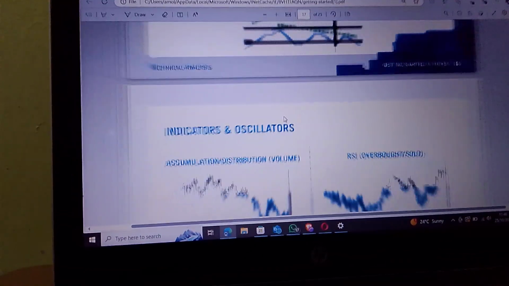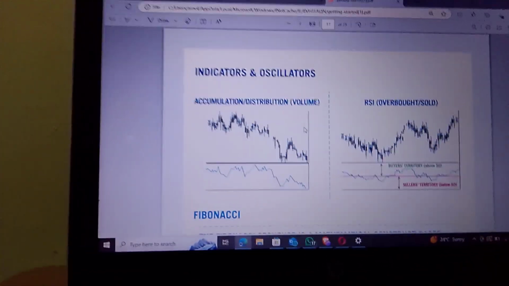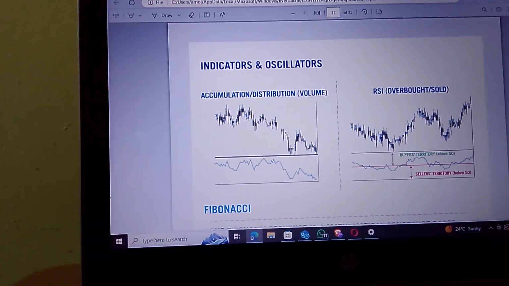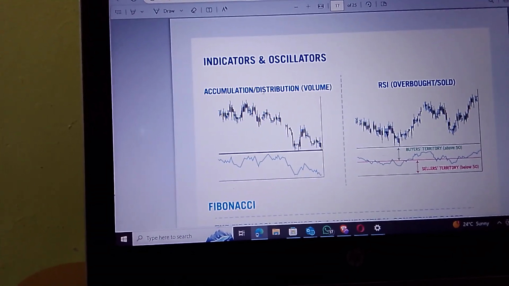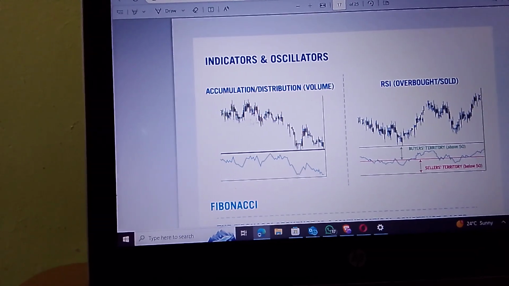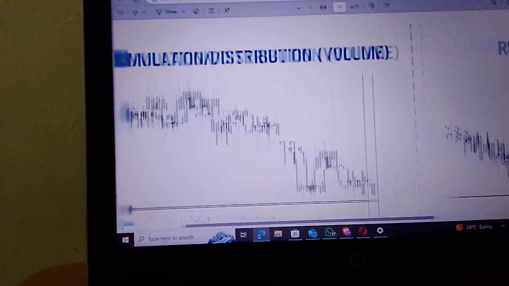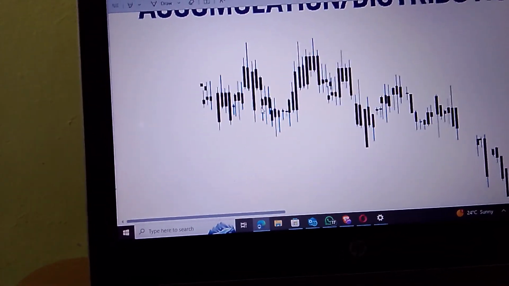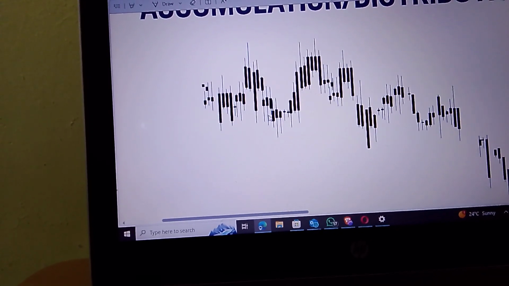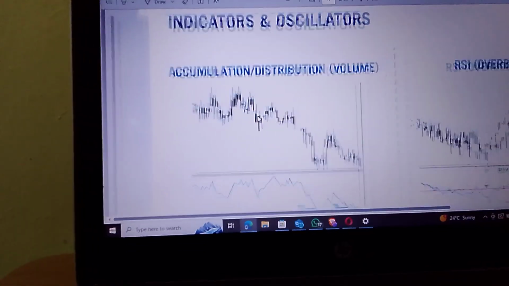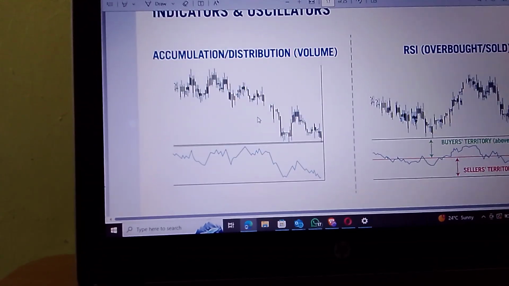We need another book for that. I'll look for a book and then recommend it for us. Indicators and oscillators, accumulation/distribution volume. Okay. We just need to see what they look like. This is like a prerequisite now.